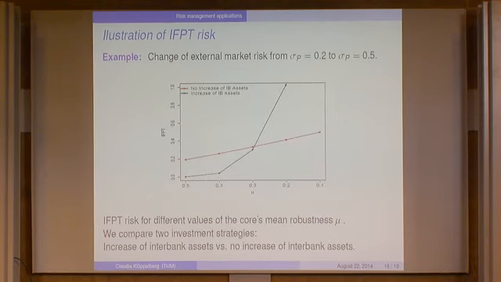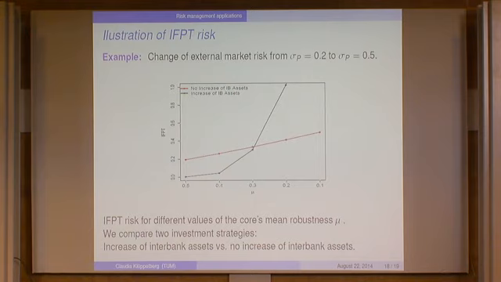And here now, that is my last slide. So what happens here? There are two situations here. Here mu is decreasing, meaning the mean robustness of the core banks is decreasing from 0.5 to 0.1.